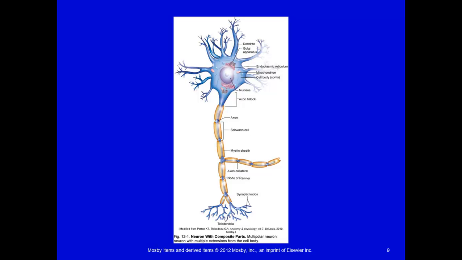Nodes of Ranvier. They're the regular interruptions of the myelin sheath. And it's at these nodes of Ranvier that are really the only places along the axon that an axon can branch. So you can see here there's an axon collateral branching off from a node of Ranvier.